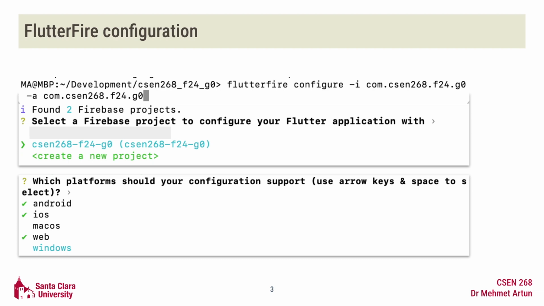And then Android, iOS, and web. With the arrow keys, you can move down. With the space bar, you can select and deselect. Choose Android, iOS, and web, not macOS and Windows.